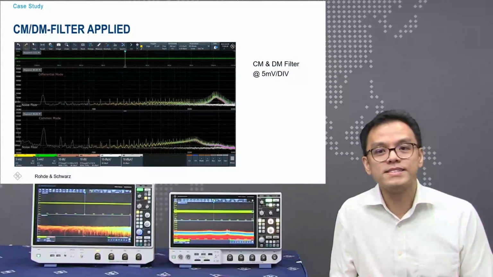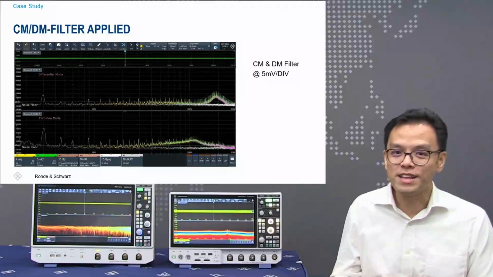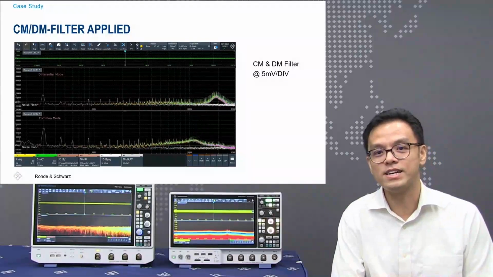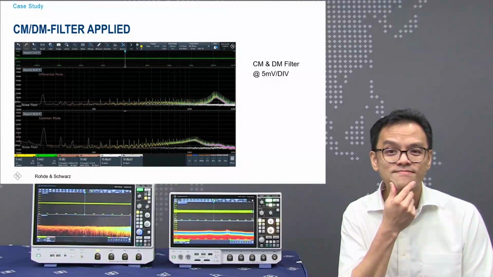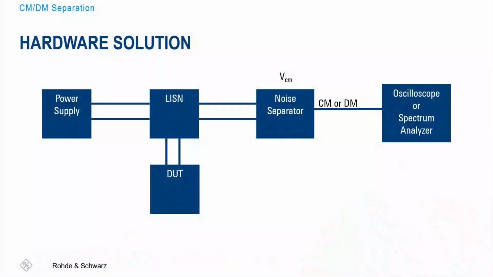Well, this method is effective, but not everyone may have access to high-quality oscilloscopes. Is there an alternative hardware solution? Indeed, there is. It's called a noise separator. Some LISNs are equipped with such a circuit that is designed to separate common mode noise and differential mode noise into different modes.